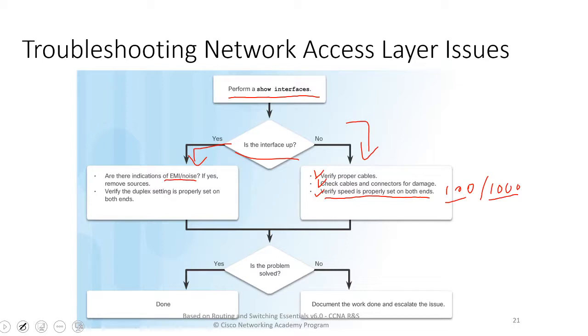If that cabling is present in an environment that is prone to electromagnetic interference, that can interfere with the information flow through that cable. So we may have to check that. Then we may also have to check the duplex settings, because if the duplex setting is not properly set, it may not still function even when the interface is up.